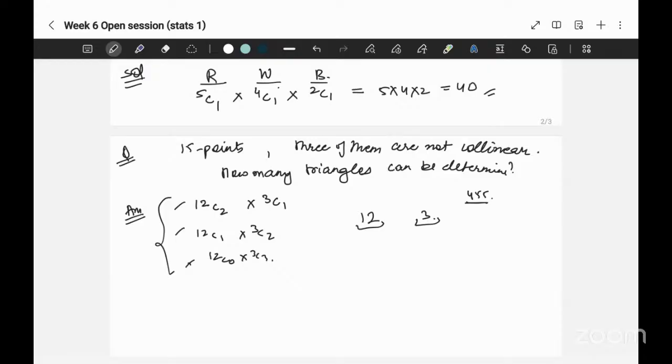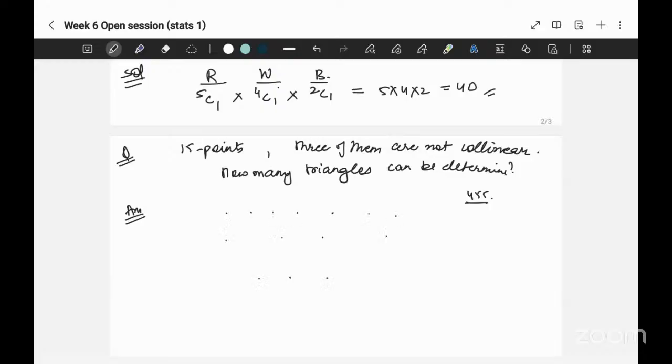So you can't make groups like this. Ma'am, we can also assume the same thing, because you have said 3 of them are not collinear, so the remaining 12 points, if I draw a line, they will be collinear. I can't say it that way. They are only saying that I have 15 points, and that the 3 points should not be collinear.